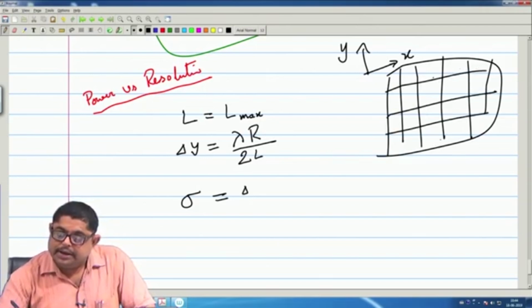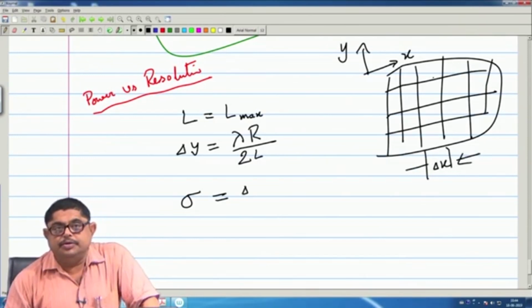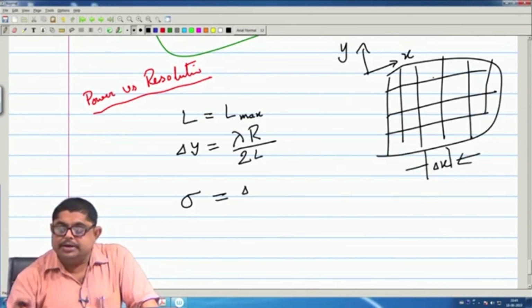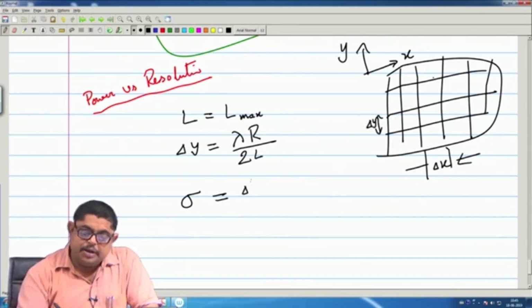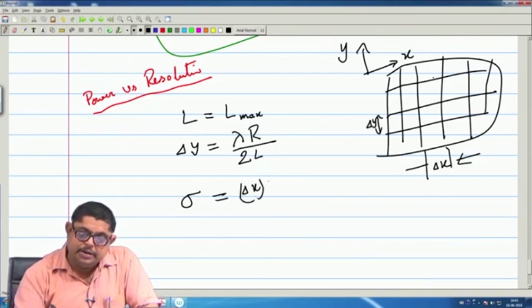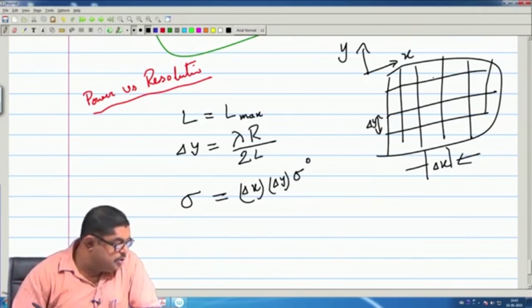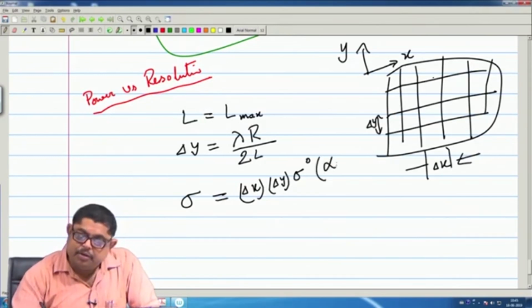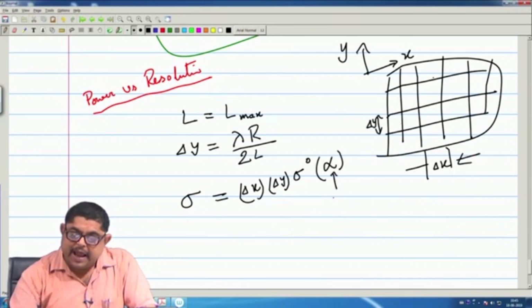So, let us say that my resolution in x direction is delta x and here it is delta y, then delta x delta y into the emissivity as a function of alpha, this is angle of depression.